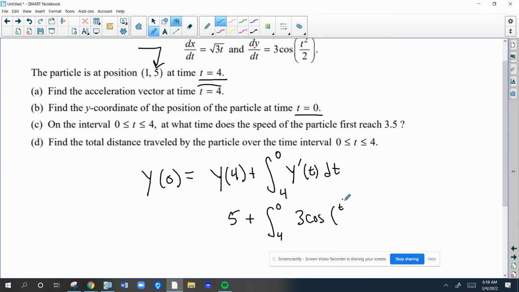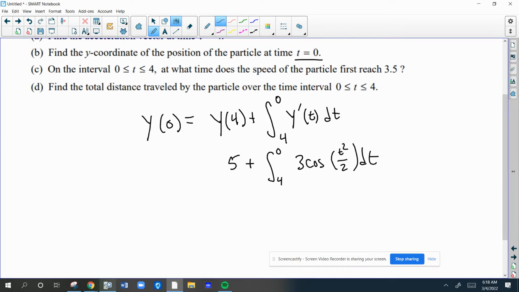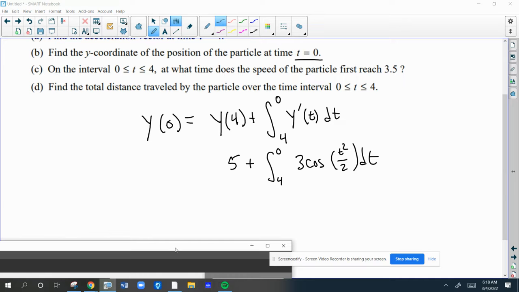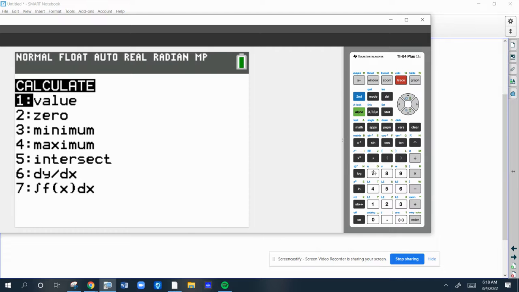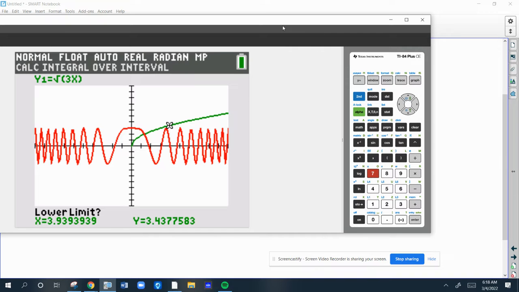If you just think of it as linear motion, which it is, up and down, that's very familiar. So all we have to do is integrate from 4 to 0.